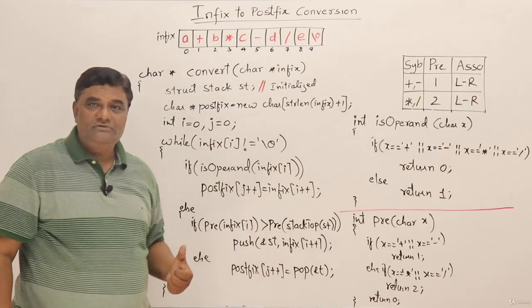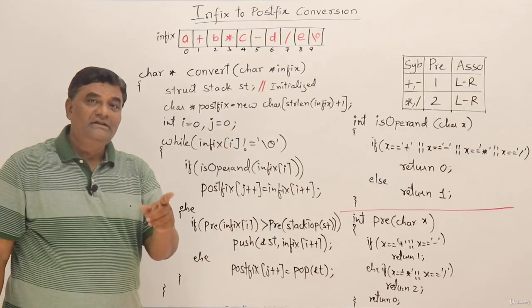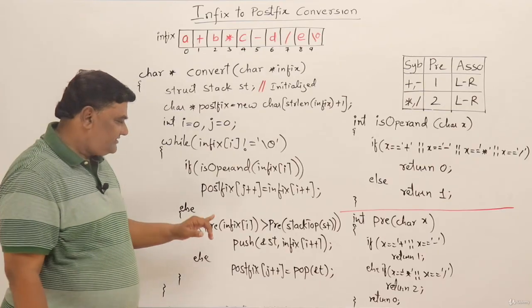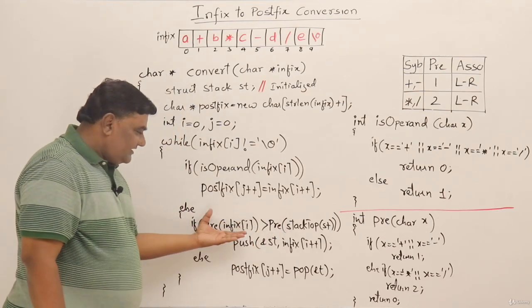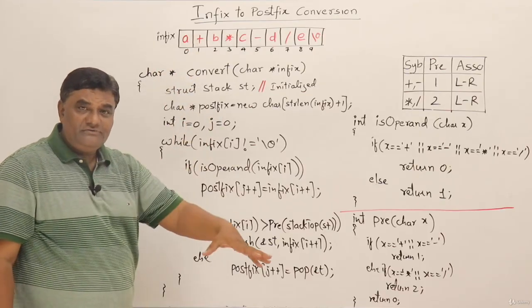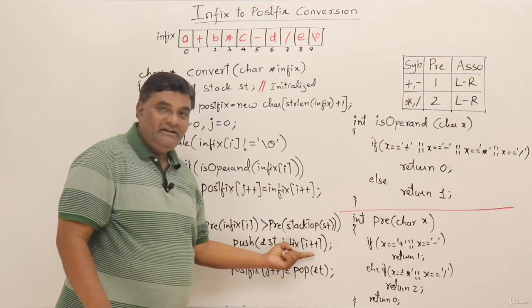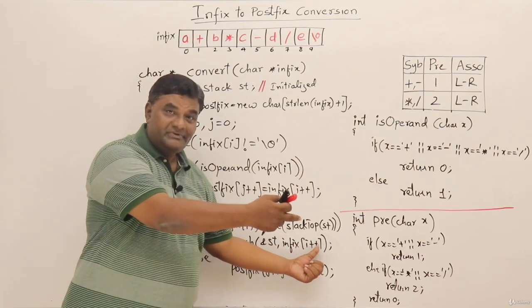The stack top function, we already know, gives the topmost symbol in the stack, and we know the stack contains only operators. So check their precedences. If the precedence of the symbol from the infix is greater, we push infix of I into the stack st, and also move to the next symbol in infix.